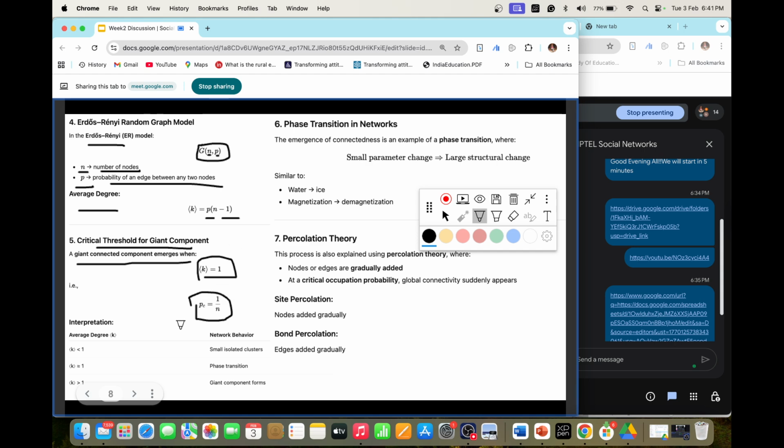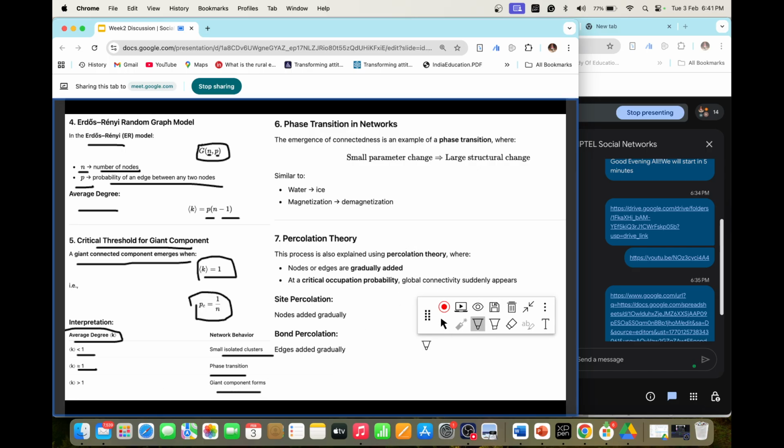Okay, so these are all mathematics, but what is important is this table. The average degree will be k. If k is less than 1, then there are small isolated clusters; k very close to 1, phase transition; and k greater than 1, giant connected component. So this is the mathematics of the Erdos Renyi random graph model, or the ER model. Two attributes, n and p: n is the number of nodes, p is the probability of an edge between two nodes.